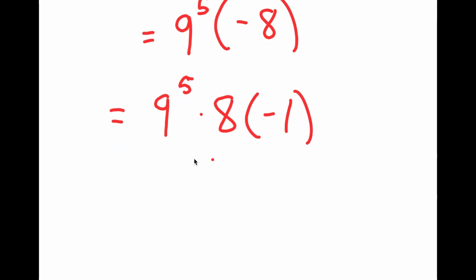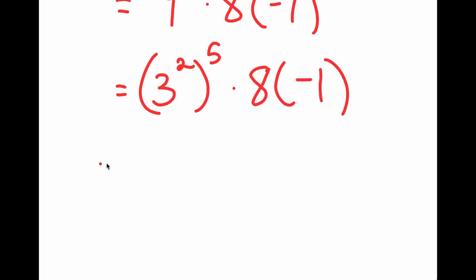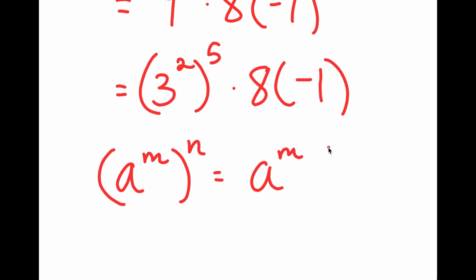So now I'm going to simplify this a little more by rewriting 9 to the power of 5 as 3 squared to the power of 5. Now I have this times 8 times negative 1. And if I have something in the form a to the power of m to the power of n, this is equal to a to the power of m times n.